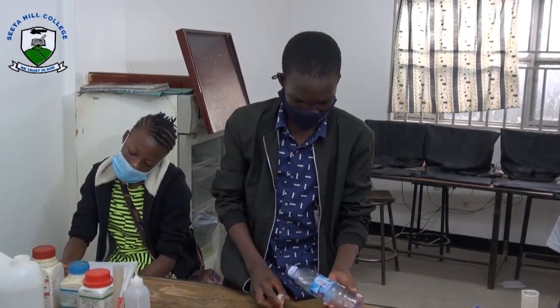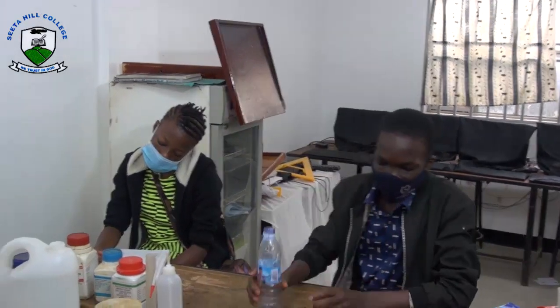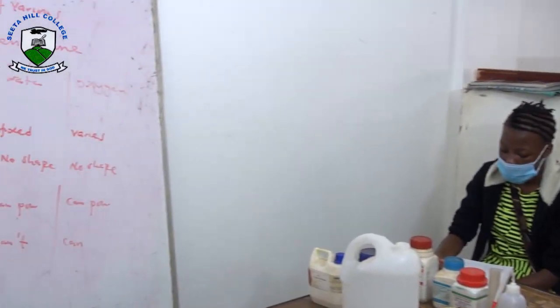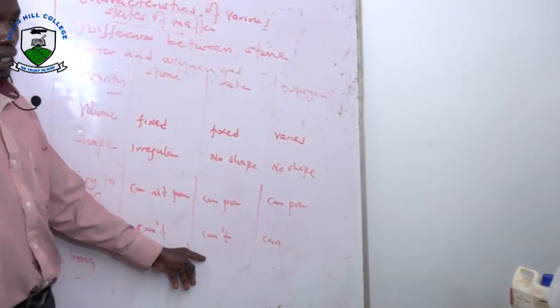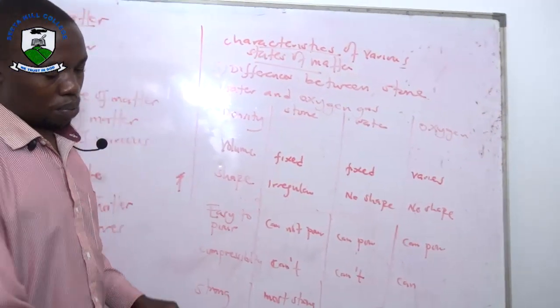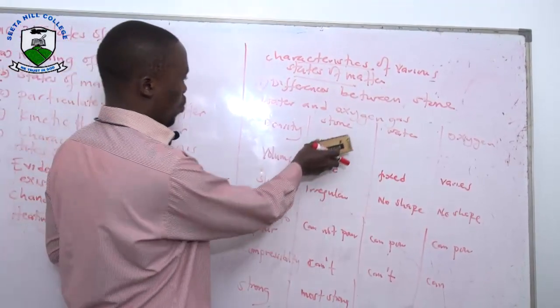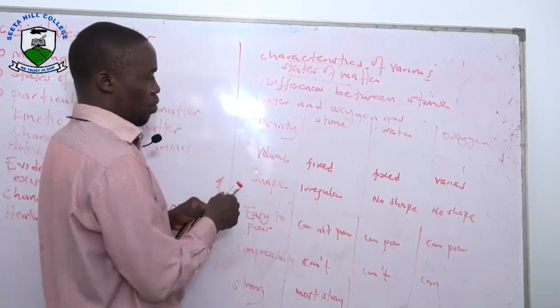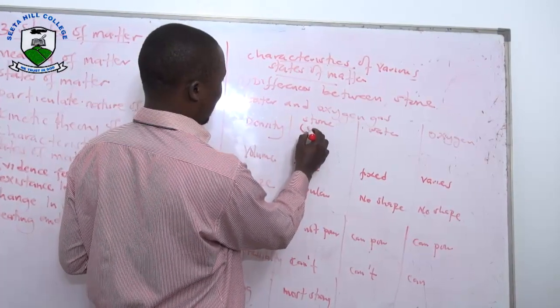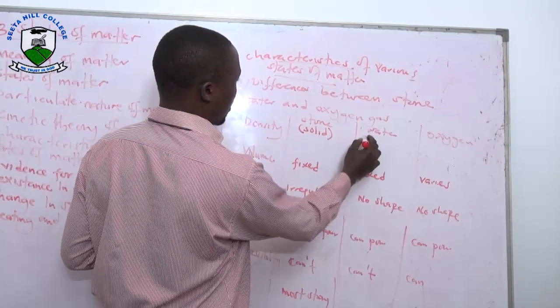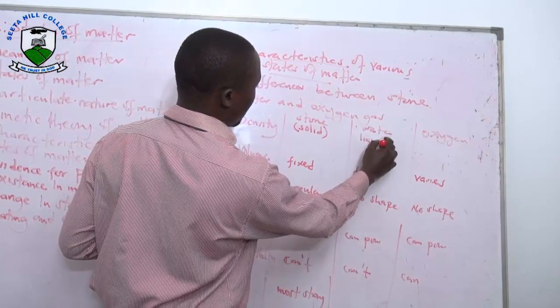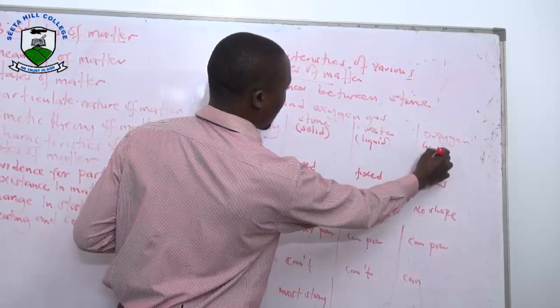Yeah. Now, going to strength here, we say the solid is very strong, a liquid is not, and a gas is not. Now, thank you very much. Now we can indeed improve this table by changing a stone to solid, water to liquid, then oxygen to a gas.